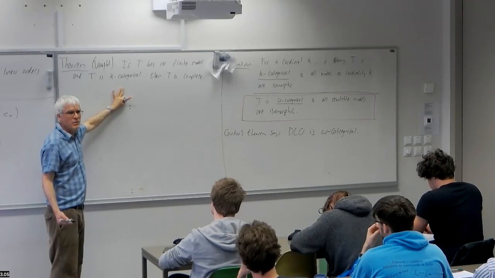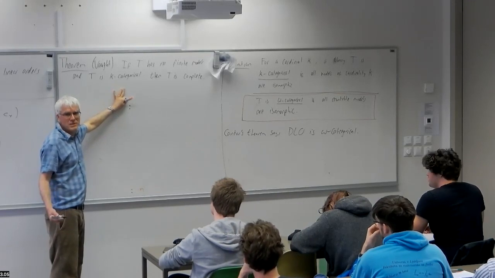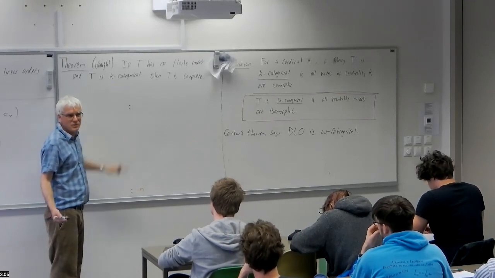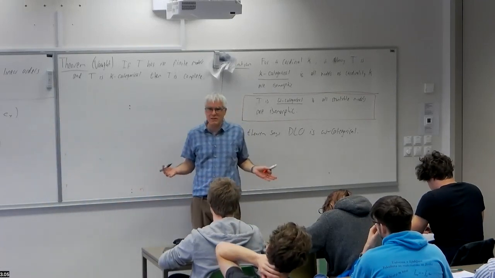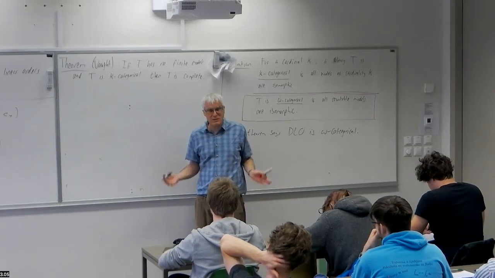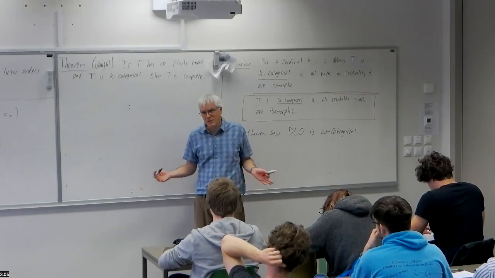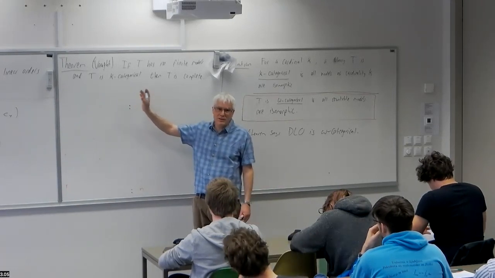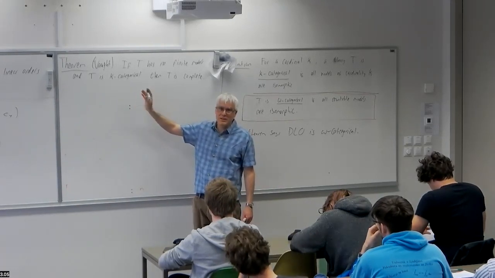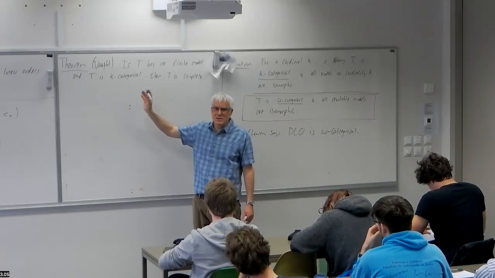That has only one model up to isomorphism of cardinality 2 to the aleph 0. What is the algebraically closed field of characteristic 0 of that cardinality? The complex numbers, of course. So any other algebraically closed field of characteristic 0 of cardinality 2 to the aleph 0 is isomorphic as a field to the complex numbers.